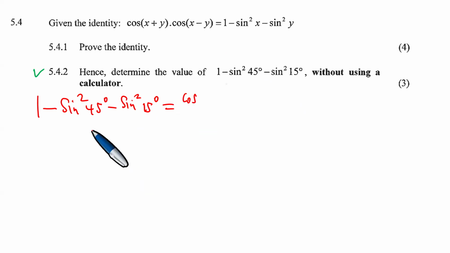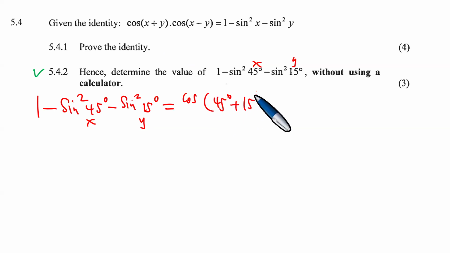is the cosine. At this point, if this is like an x and that is like a y, then obviously on the other side of this, it's going to become the sum of the x and y. So it's going to be 45 degrees plus 15 degrees. So we're adding up the x and the y, and we multiply by the cosine of the difference.